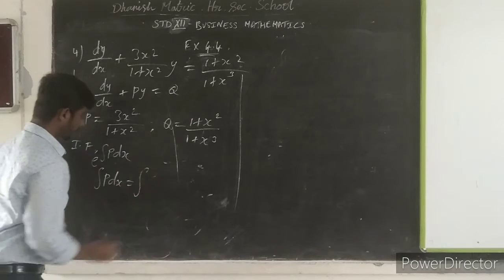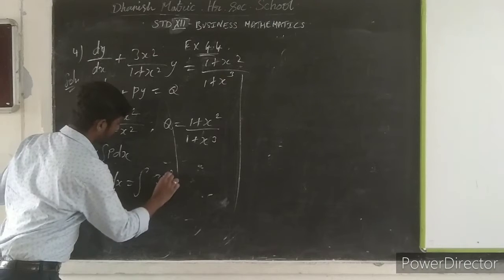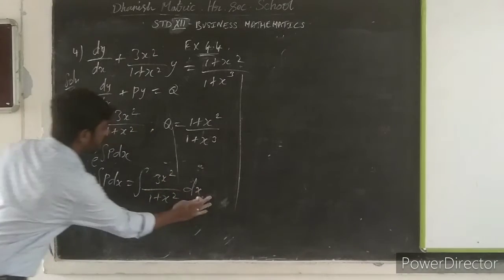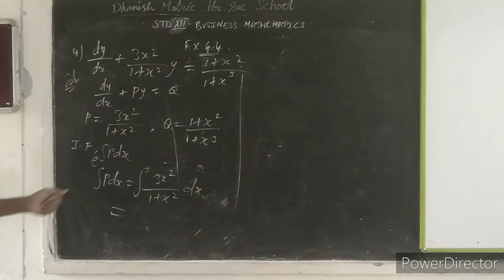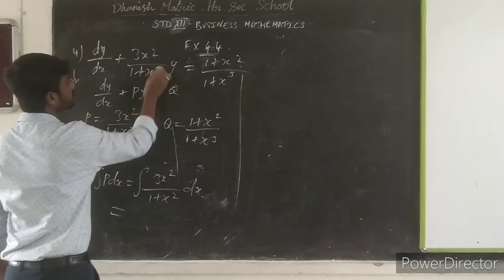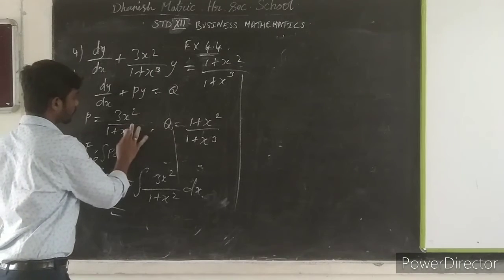Integrate of the p value, 3x square divided by 1 plus x square dx here. Now integrating 3x square divided by 1 plus x square, that is log 1 plus, sorry, a little bit of correction. The question will be 1 plus x cube.